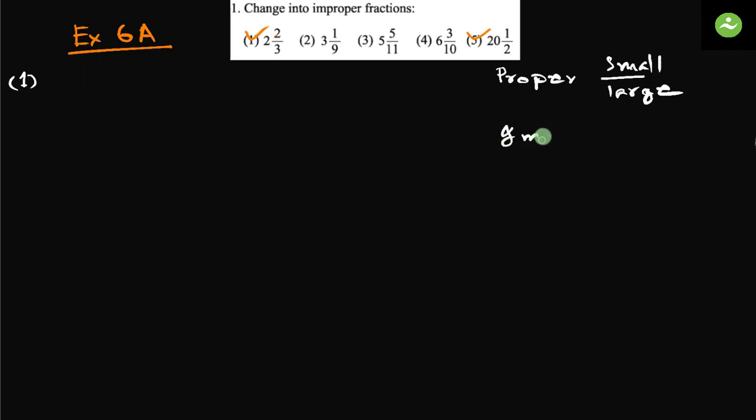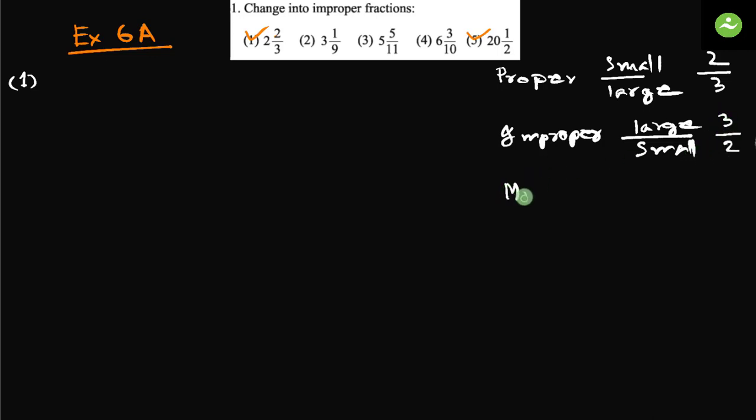Improper fraction means the numerator is large and the denominator is small. For example, 3 by 2 is a proper fraction, 2 by 3 is an improper fraction.